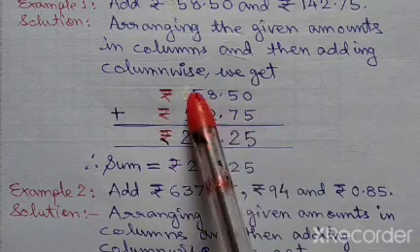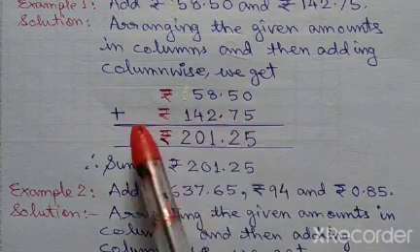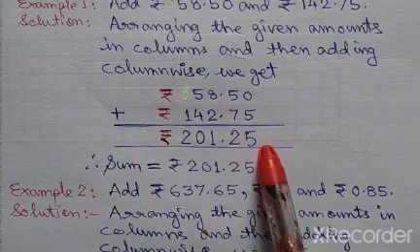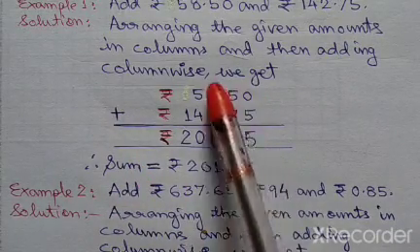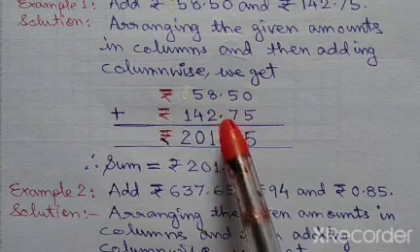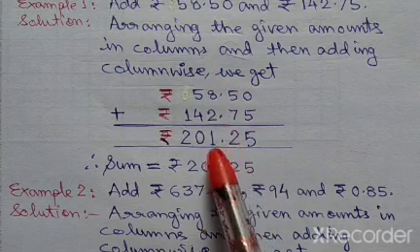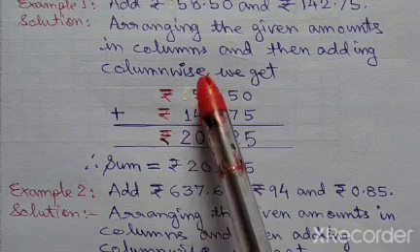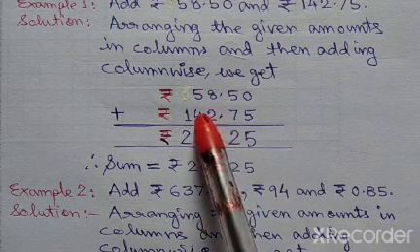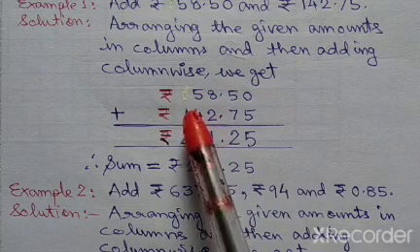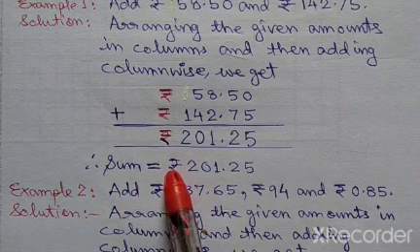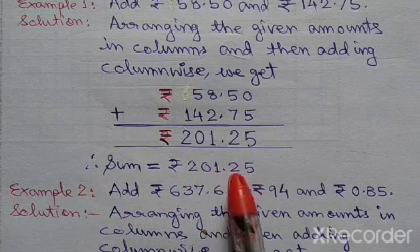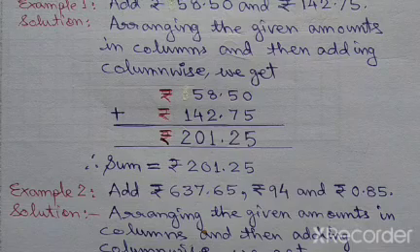So arrange the given amounts in columns, and after that simple addition, children. Just see, 0 plus 5, 5; 7 plus 5, 12, carry 1; that is 8 plus 2, 10, plus carry 1, 11; 5, 4 plus 5, 1, 6; 6 plus 4, 10; and after that 1 plus 1, 2. So what is the answer? Therefore the sum is equal to rupees 201.25. In this way, you have to add.